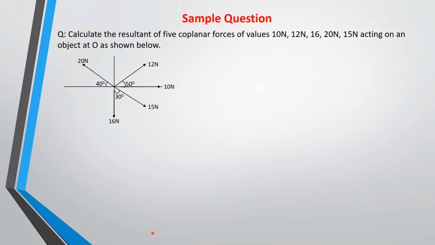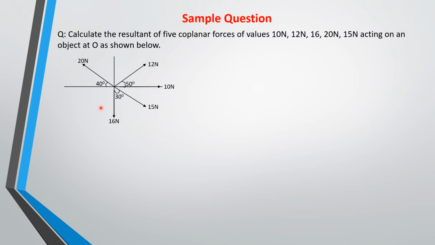So this is a question so that you can drive home this point easily. Calculate the resultant of 5 coplanar forces of values 10 Newton, 12 Newton, 6 Newton, 16 Newton, 20 Newton, 15 Newton acting on an object at O as shown below.